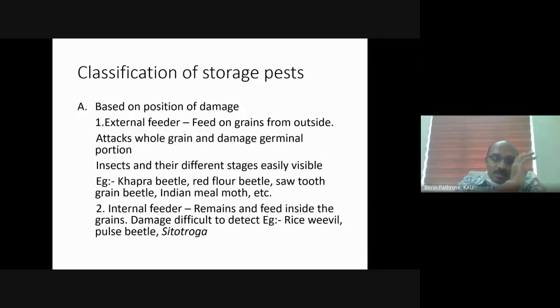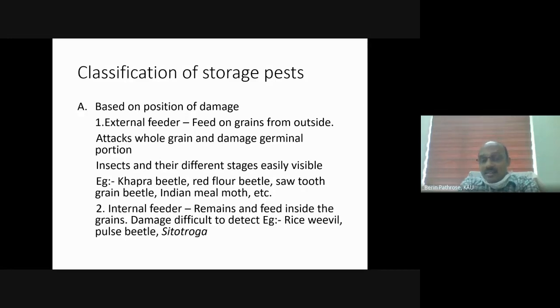So based on the position from which the insect damages the grain, the insects can be classified as external feeders and internal feeders. The advantage with an external feeder is that it is pretty easy for us to detect insect infestation because we will be able to see the insect, since it remains outside the grain.